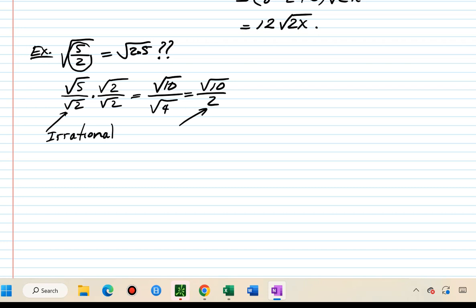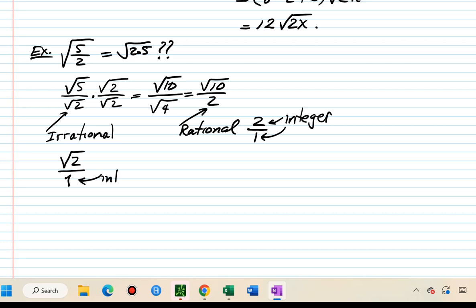We are not allowed a fraction in the radicand. That was the problem. But having fractions, there's nothing wrong with fractions. Now, notice also how square root of 2 is irrational. Irrational means you cannot write it as a ratio of 2 integers. 2 is an integer, 1 is an integer. Square root of 2, even if I write it as root 2 over 1, this one is fine, it is an integer, but this is not an integer.